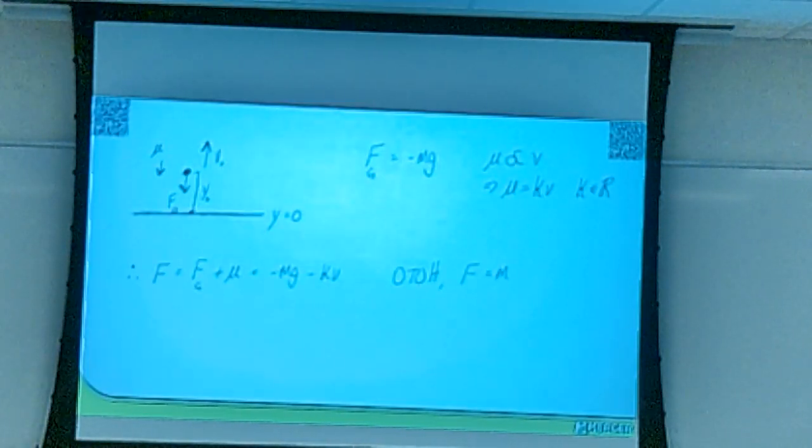On the other hand, total force has to be ma for this problem. That's Newton's second law of motion. Sum of forces is mass times acceleration.